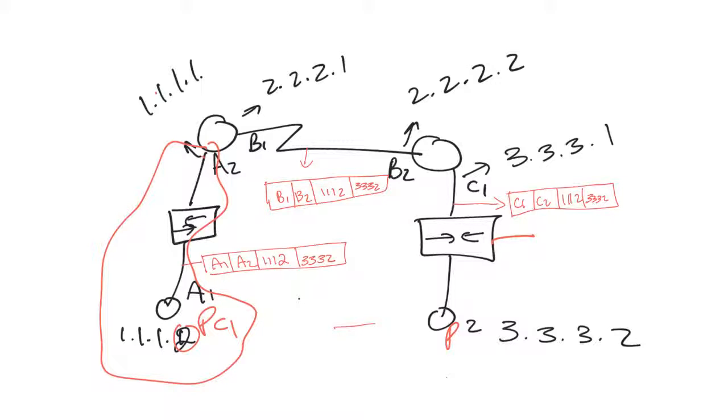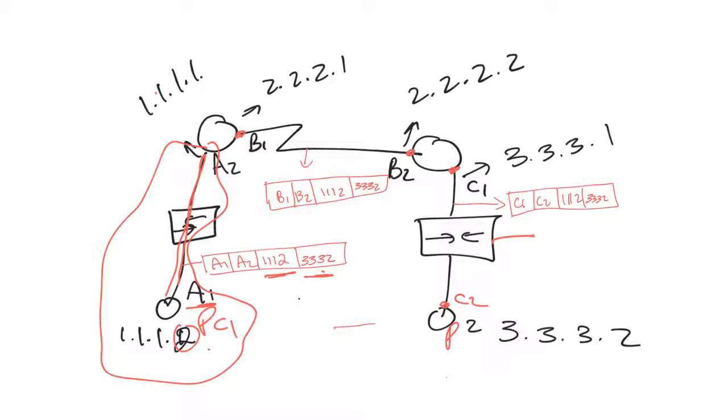I'm going to abbreviate the MAC addresses to A1, A2, B1, B2, C1 and C2. So let's say PC1 wants to talk to PC2. It knows this is the source IP, this is the destination IP. Notice that everywhere in this link, the source and destination IP addresses don't change.